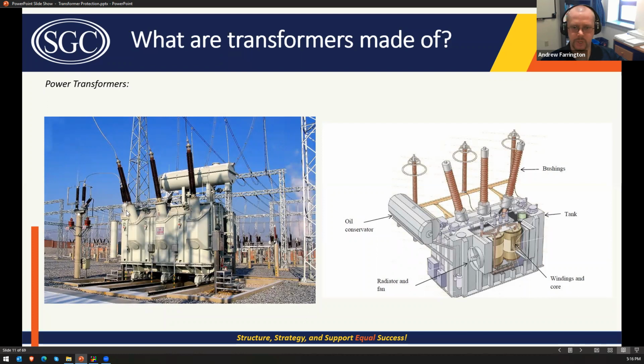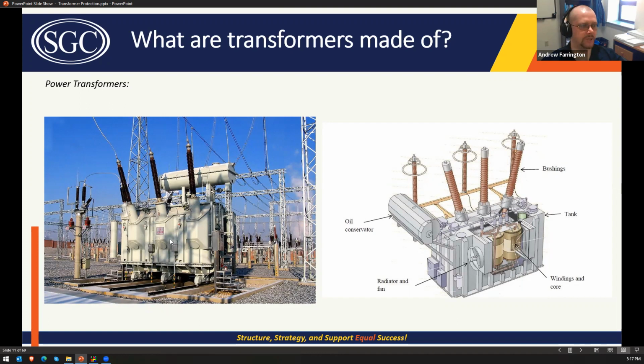Since the transformer is completely filled with oil, when the oil heats up, the oil expands. And so the conservator tank basically is a holding area for the expansion of the oil. And then when it cools back down, it lowers from the conservator tank back down into the tank to make sure that the tank is always filled completely with oil. You don't want air in there.